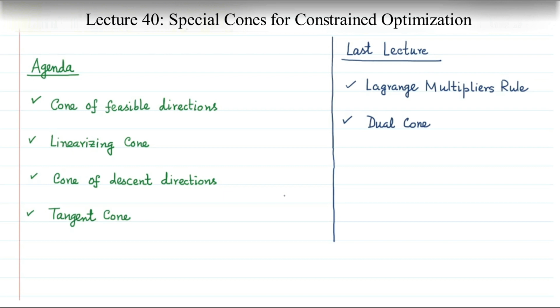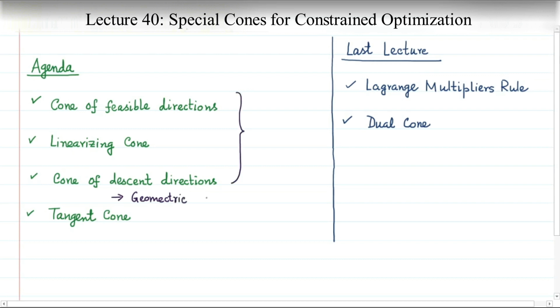Once we find that, we will discuss the notion of the tangent cone, and with the help of the tangent cone, we will see that the most efficient optimality condition can be identified. So after the first three notions of the cones, we will have a geometric necessary optimality condition for constrained optimization problems.